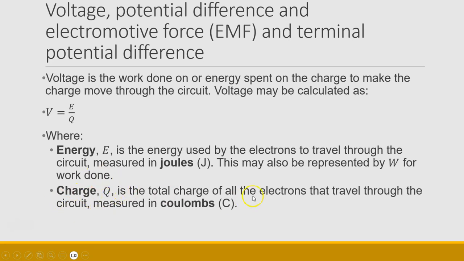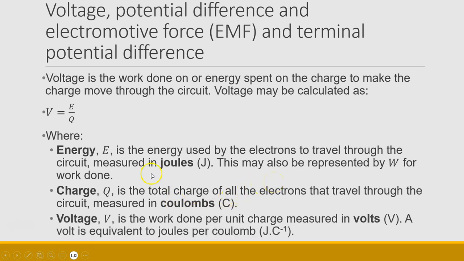Charge is based on the electrons that are moving through the circuit. Remember, each electron carries a little charge, and based on the total number of electrons running through the circuit, we would get a total charge measured in coulombs. And finally, voltage is that work done for every unit of charge, and that is measured in volts.